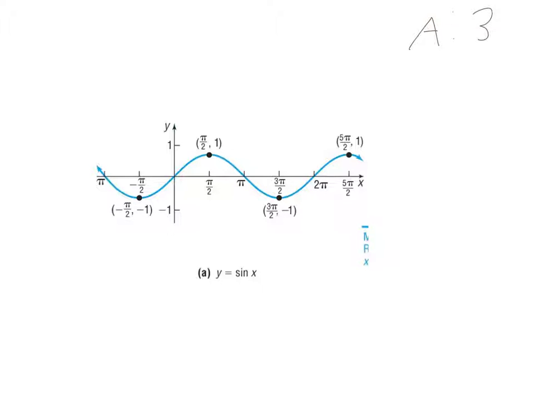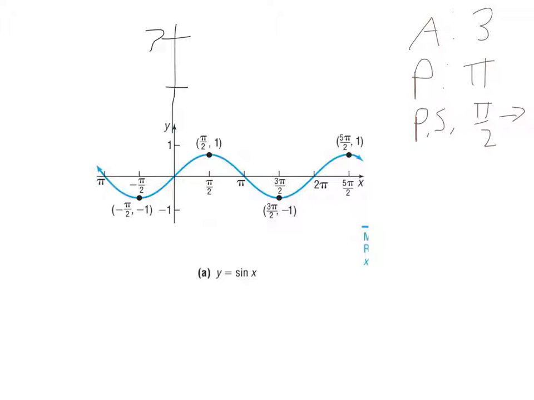Our amplitude was 3. Our period was, I believe, pi. And our phase shift was positive pi over 2, so it's pi over 2 to the right. So let me show you what happens with these graphs first.